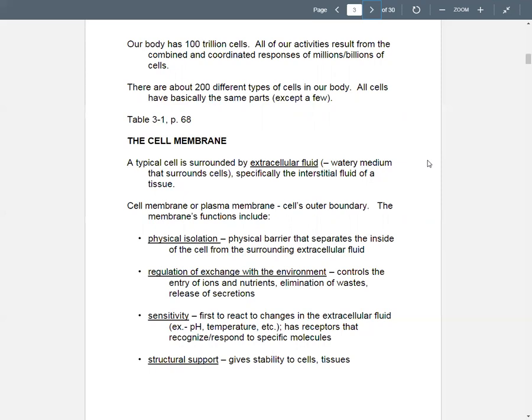Now, we said there's two basic cell types, somatic and sex cells, but to be more specific, inside of those categories you have over 200 different types of cells. And most cells are going to have the same parts for the most part. In your E-text, if you look at table 3-1, you can see that.